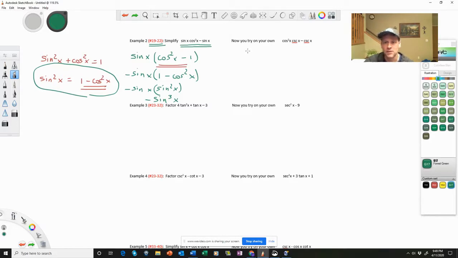Okay, so on this one, you should have factored out the cosecant. And if you factored out the cosecant, you're left with this. Well, that looks familiar. Taking out a -1, we can flip this around. And therefore, this is the cosecant of x times the sine squared of x. Now, wait a minute. The cosecant.